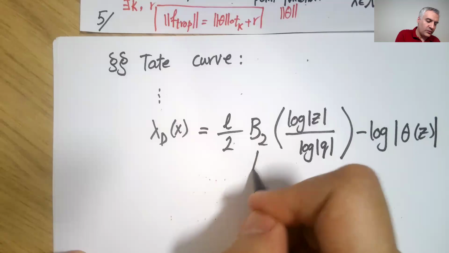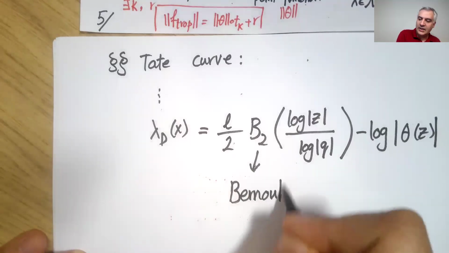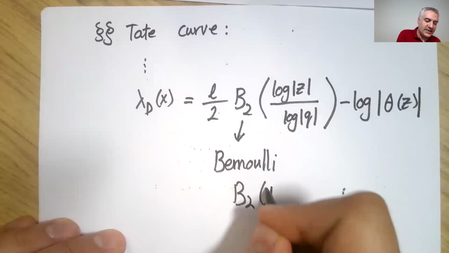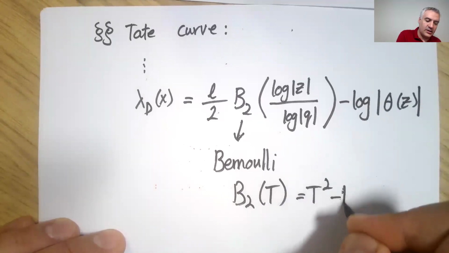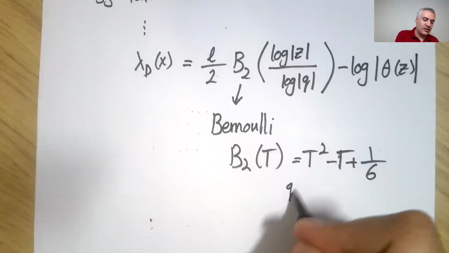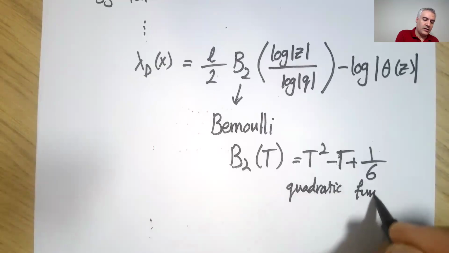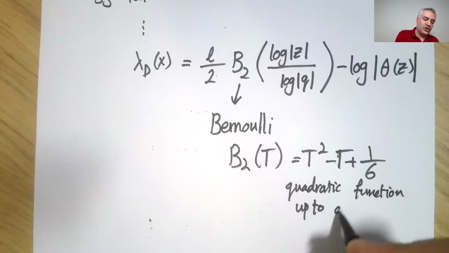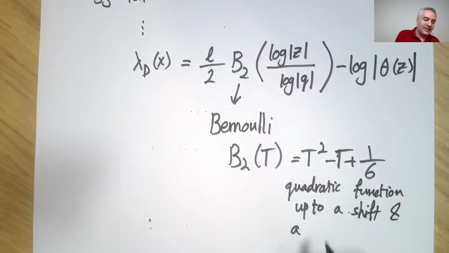So this Bernoulli polynomial B2 of t is essentially a quadratic function, up to a shift and an additive constant.